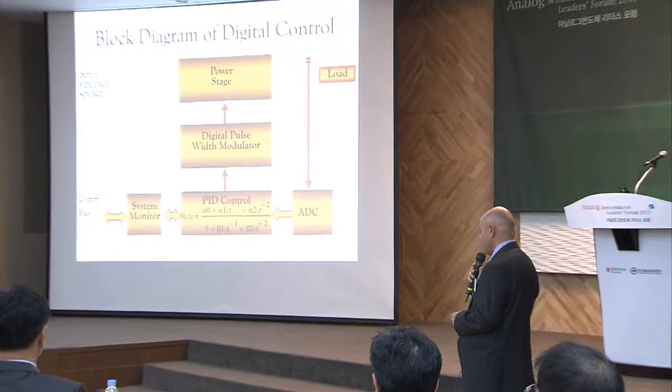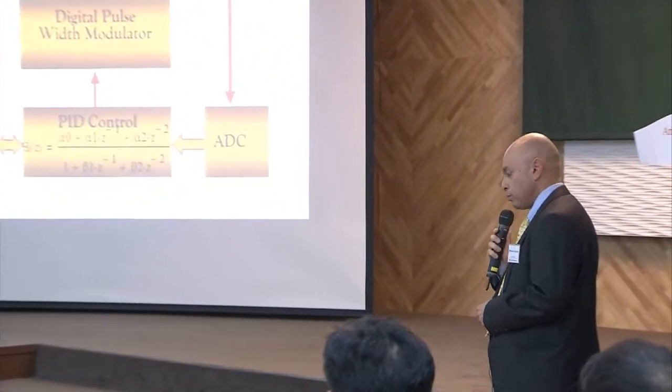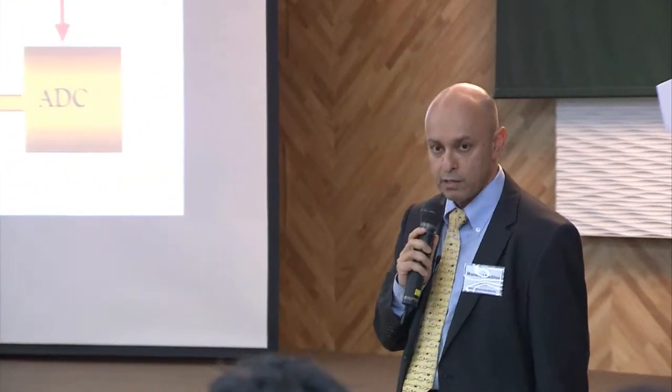So you can see almost the only component in the analog domain is probably the ADC, analog to digital converter. The rest of these blocks are mainly in the digital domain. And of course there is some system monitoring which communicates to this whole thing through the communication bus.